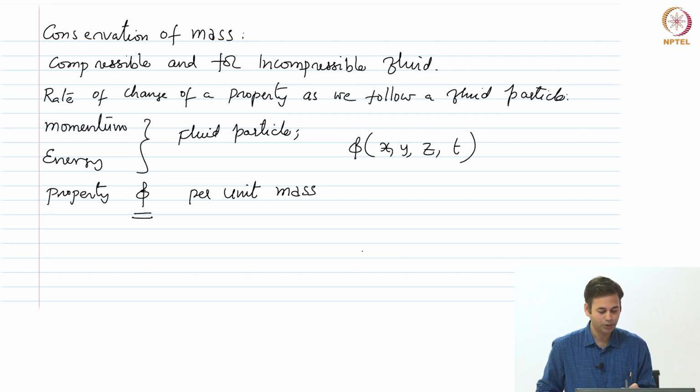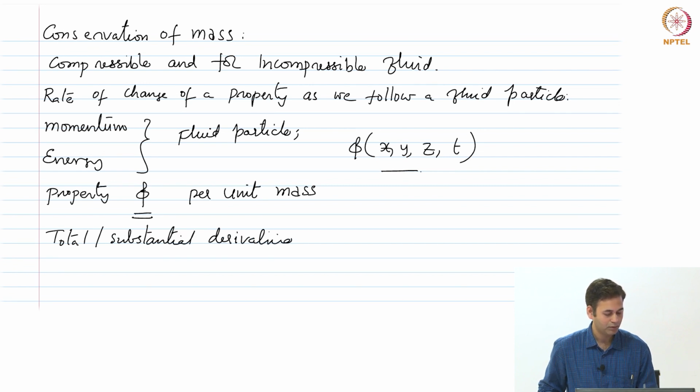So we want to know how this property changes with time as we follow the fluid particle. So we want to look at the total or substantial derivative of this property, that is D phi Dt. So we want to calculate what this quantity is.